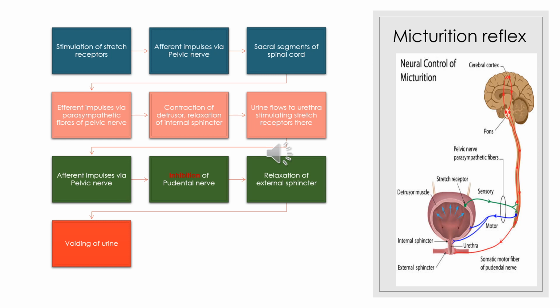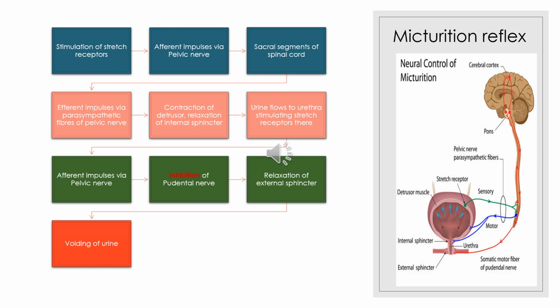When the stretch receptors of the urethra are stimulated, the afferent impulses will be carried by the sensory part of the pelvic nerve. See, here the pelvic nerve has both a sensory and a motor part.